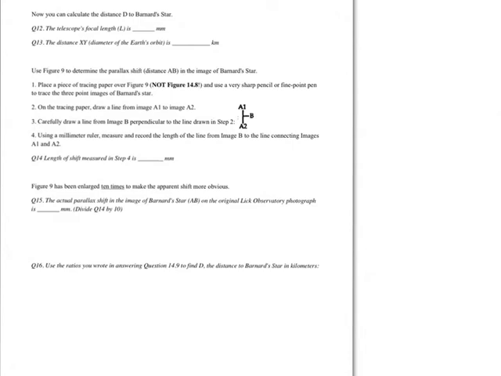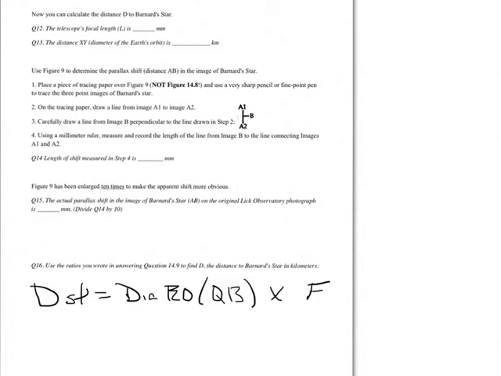Now we can use the equation we just did to figure out the distance to Barnard's star. So if we do that, remember the distance was equal to the diameter of the Earth's orbit, which is what we wrote down in Q13. And we multiply that by the focal length of the lens, which is what we wrote down in Q12.